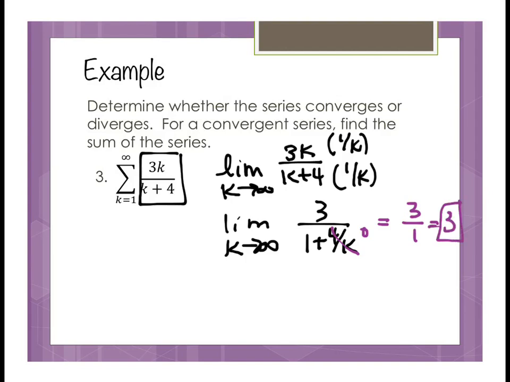And just like Micah said, that leaves me with 3 over 1, or the value 3. Maybe that's why I kept harping on the value 3 just a minute ago. So my limit's 3, which means it diverges. Because, okay, let's be really careful. The limit of the sequence exists, and it's 3. Agreed? The problem, however, is that what I'm asked to find is whether or not the series converges.